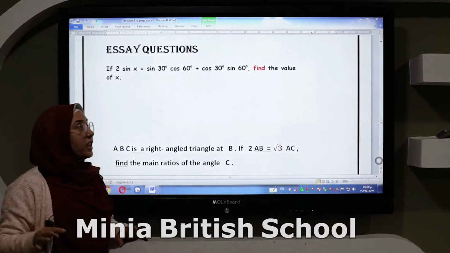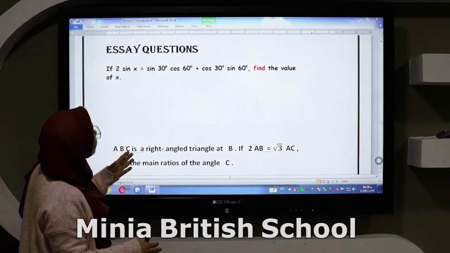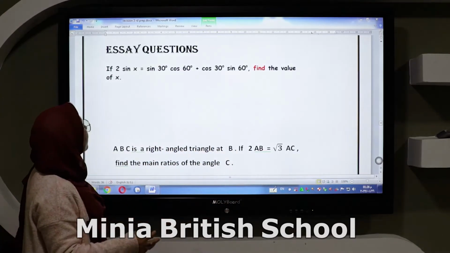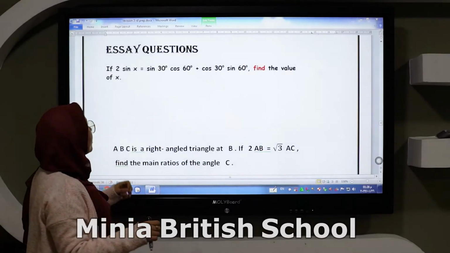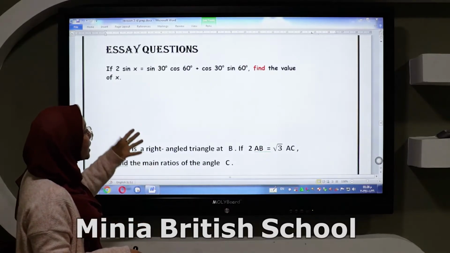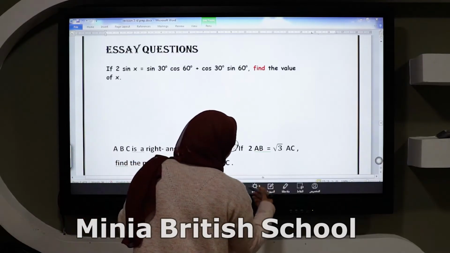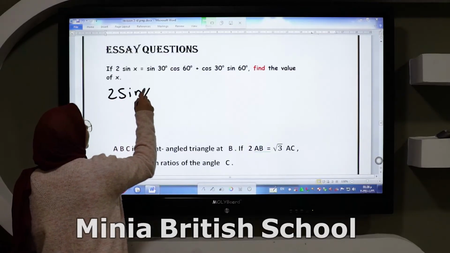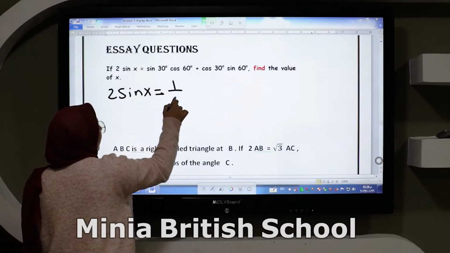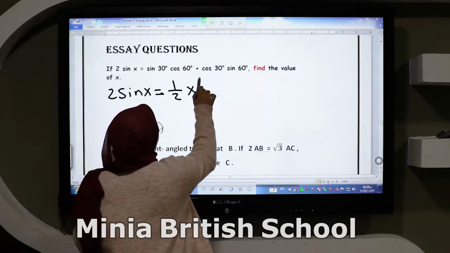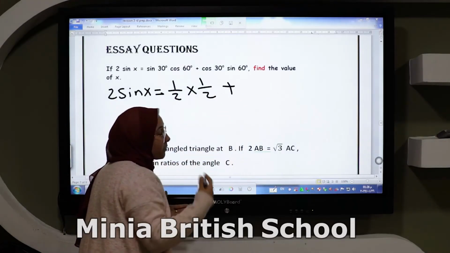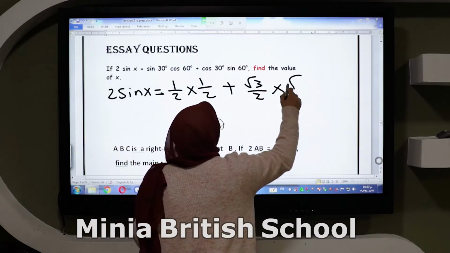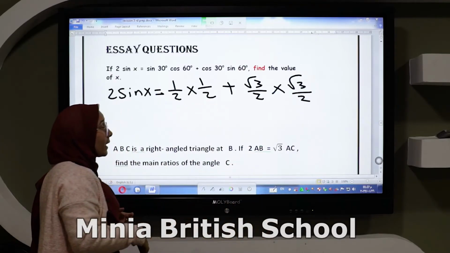The first exercise here: you have 2 sin x equals sin 30 cosine 60 plus cosine 30 sin 60. Find the value of x. First, substitute the values of sin 30, cosine 60, and so on, and we get the value of x. 2 sine x equals sine 30, which is half, times cosine 60, which is half, plus cosine 30, root 3 over 2, times sine 60, root 3 over 2.